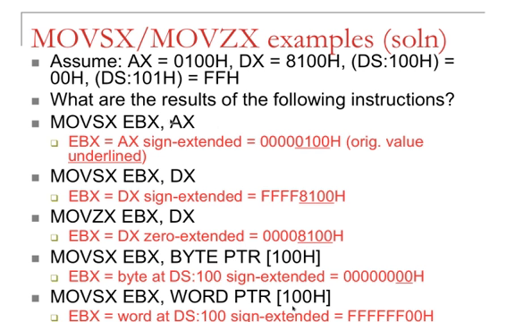I just erased the diagram, but if you remember, FF00 is the word we get using DS:100 as the address. Because FF00 has a 1 on the sign bit, we extend that onto the upper 2 bytes, or 16 bits, of EBX. The upper half of EBX is all 1s.